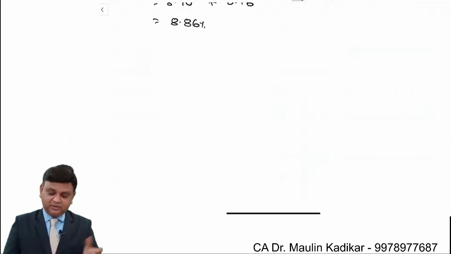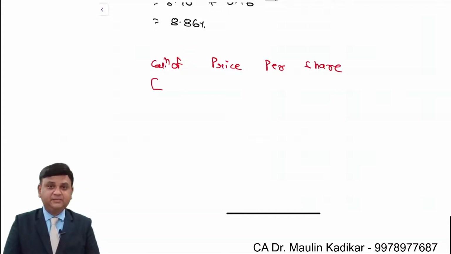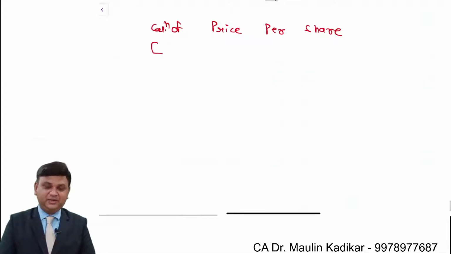After making this, the calculation of price per share, in brackets I am writing free cash flow for equity method.